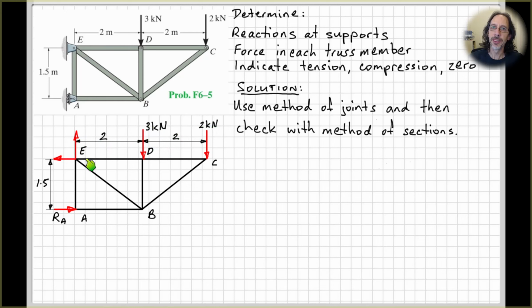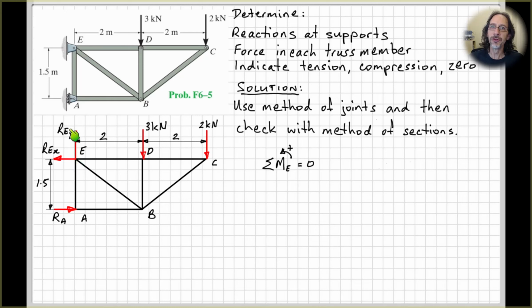So therefore this must be acting upwards for that to be in equilibrium. Give them some labels, REX, REY, that we can use in our equations of equilibrium. Normally we would start with a moment equation, and that's what I've done here to take moments about E, because usually that's what enables us to find one of our unknowns straight away.